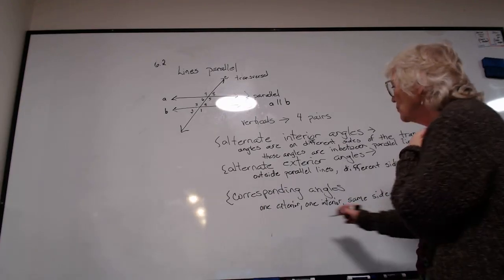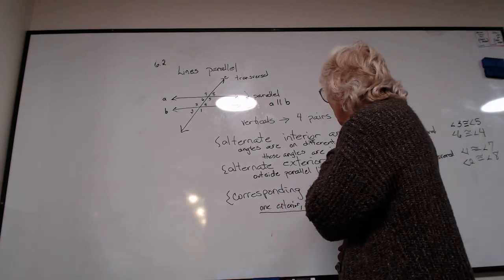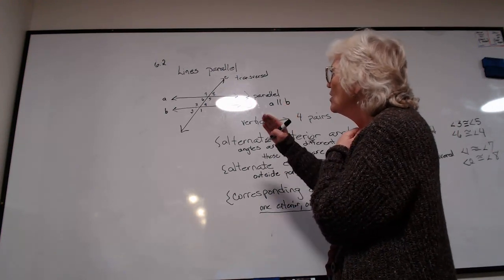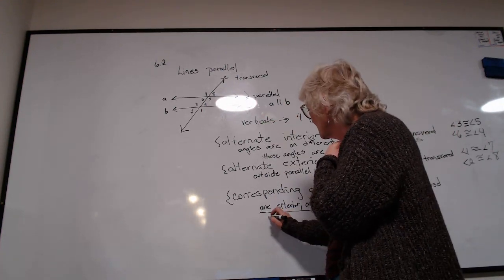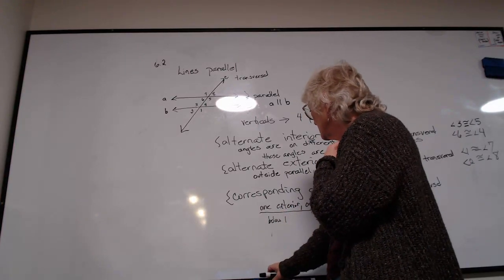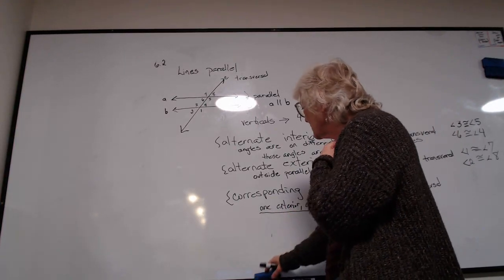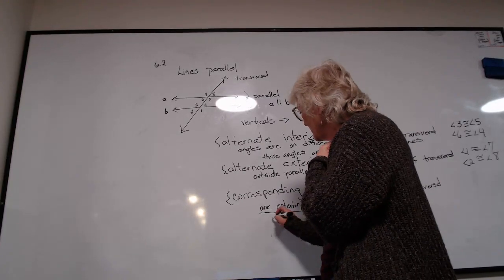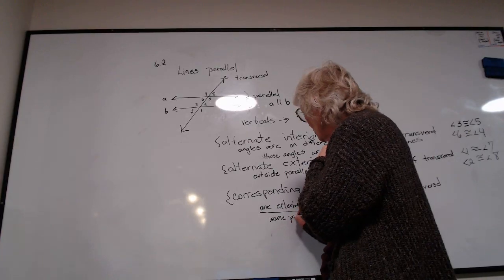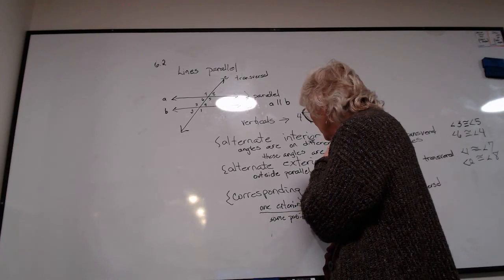So when I talk about one exterior, one interior, if one is below line A, they have to be in the same position on both parallel lines.